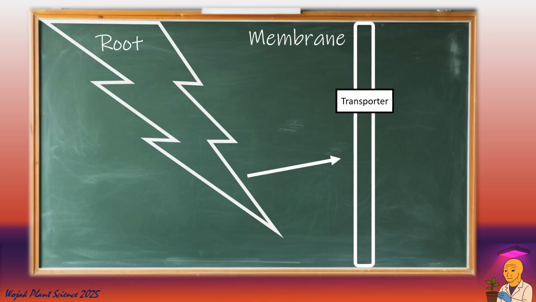Okay, now we come to the interesting part. So you might have thought that in PowerPoint this is supposed to be a lightning, but you were wrong about that. That is a root, okay? And outside of the root, or the root tip, it has a membrane.